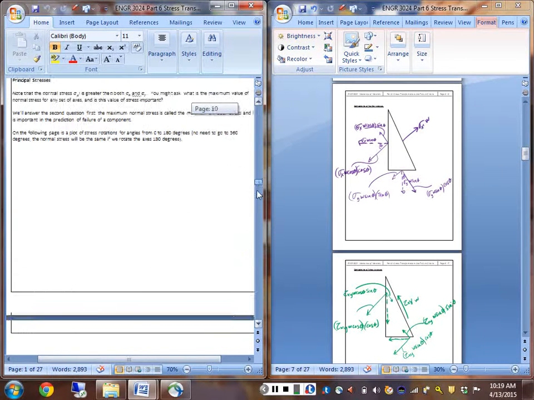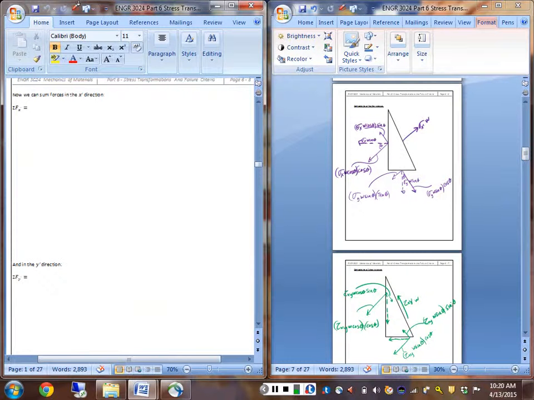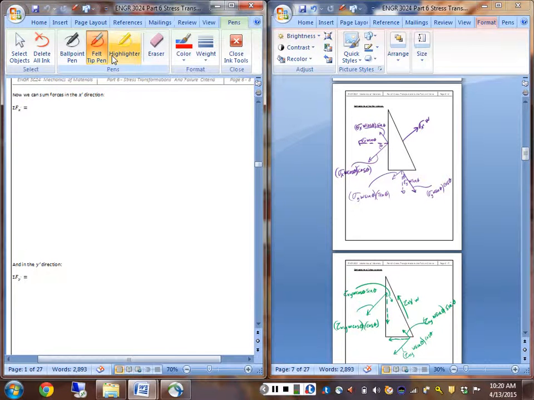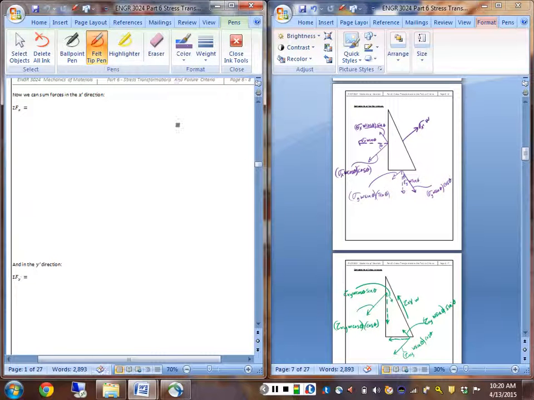And we need to get down to our force balance. All right. So, going to start with our purple components. We need the sum of the forces in our x prime direction. So we have a sigma x prime times w is this guy.